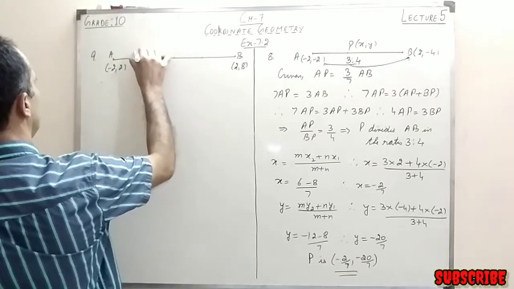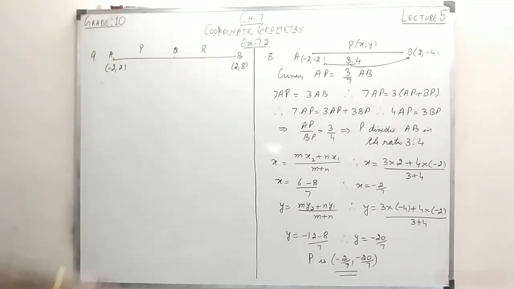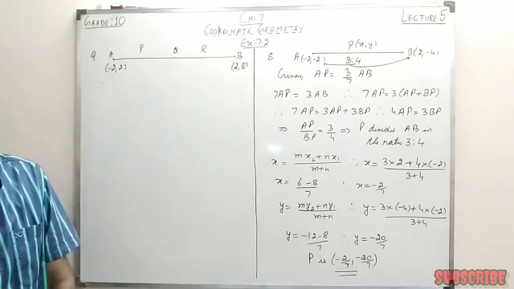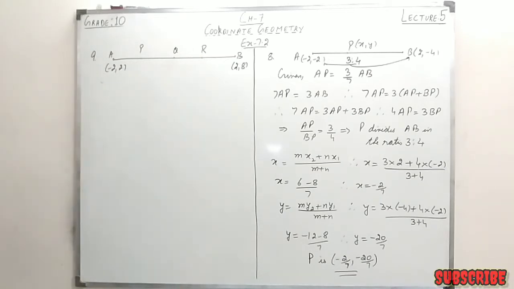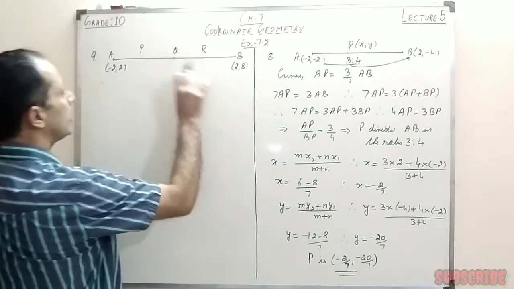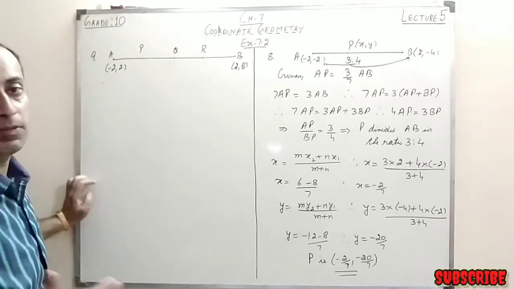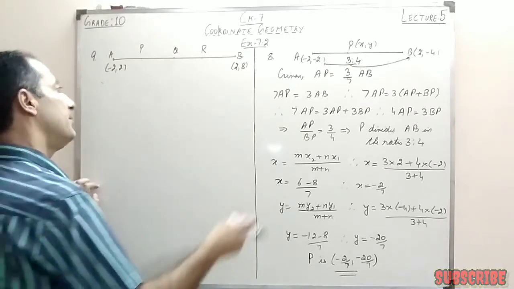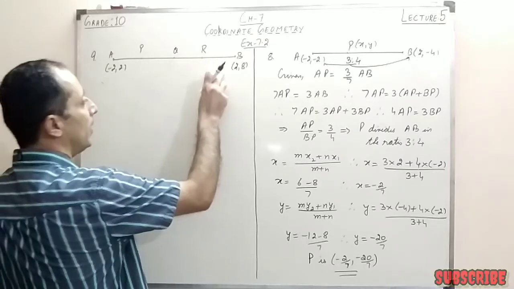So I write them as P, Q, R. Now these 4 parts are equal, right? Suppose this is 1, this is 1, this is 1, this is 1. So we can say that P divides AB in the ratio 1:3, Q divides AB in the ratio 2:2, that is 1:1, it means Q is the midpoint of AB. And similarly, R divides AB in the ratio 3:1.